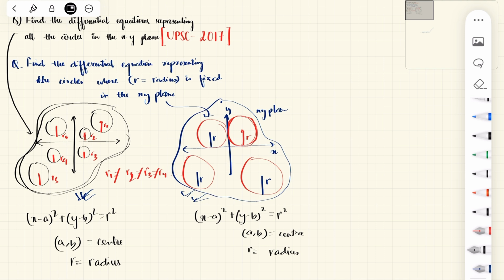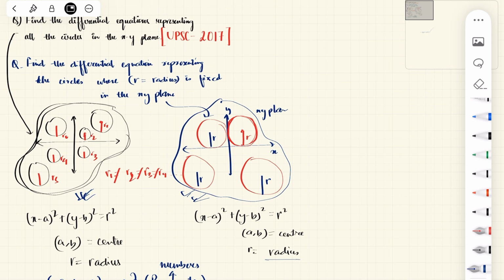Same here also. But when I check the parameters, there's something called parameters. According to the parameters, we differentiate. We are going to check how many parameters there are. Here we have a, b, r. That means we have 3 parameters.